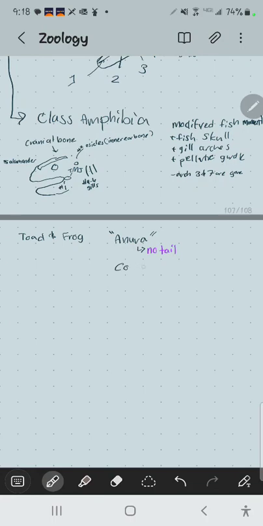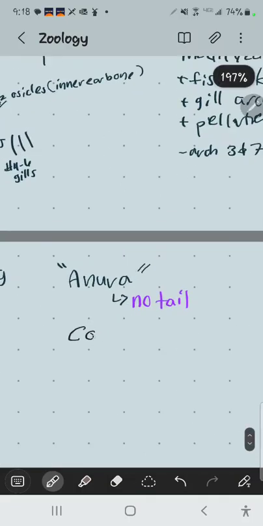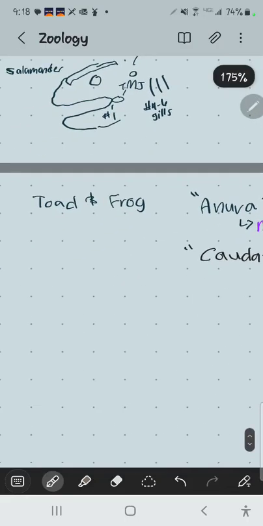These are order names, or orders below class of the vertebrates. This would include the salamanders and newts. And what Caudata means is tail.